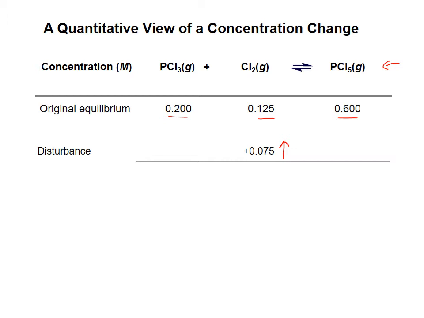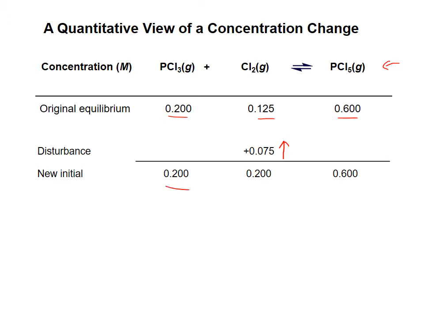And we can calculate what the concentrations are at the new equilibrium. Can you try it? You already learned you need to write a reaction table. So you can pause anytime and try it. Now here is what we are going to do. Here is the new initial concentration after the disturbance.